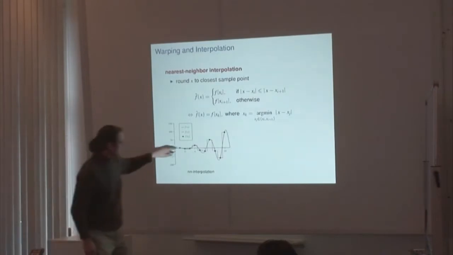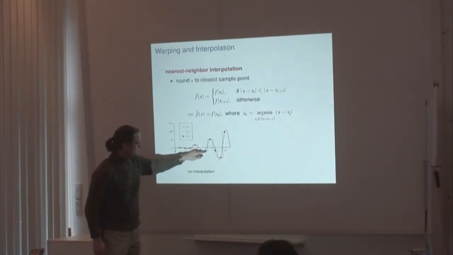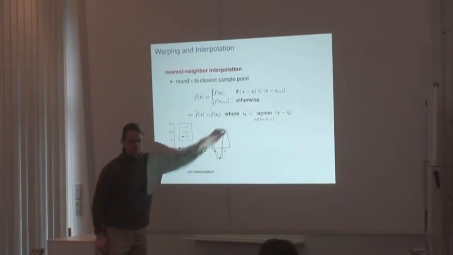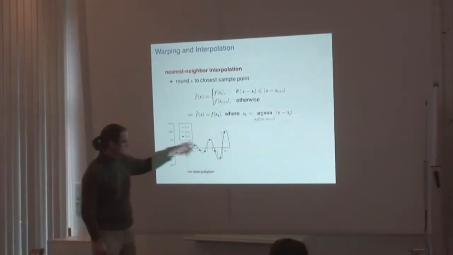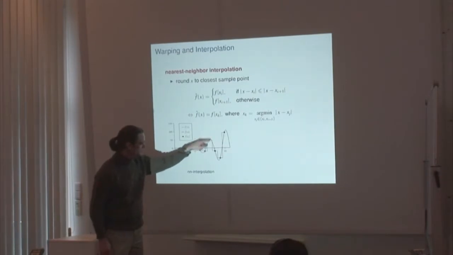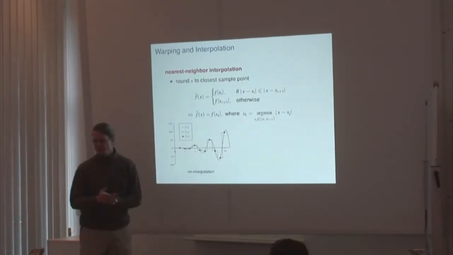And this is what we get this way. It's like this step thingy here. And here you see the didactic purpose of that. So the original function is the blue one, and this is our interpolated function. And this is a poor interpolation, right?